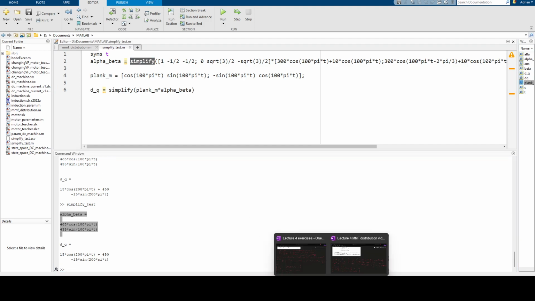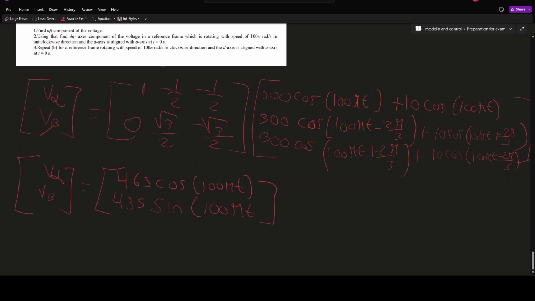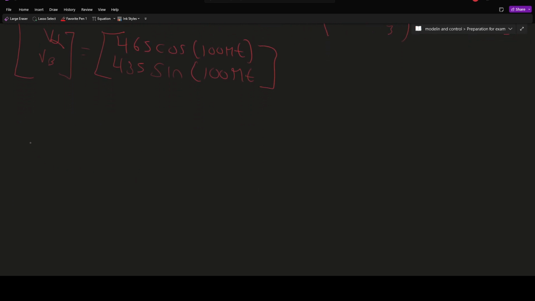And similarly, we are gonna do something with the DQ components. So for DQ, the transformation matrix is cos of the angle.